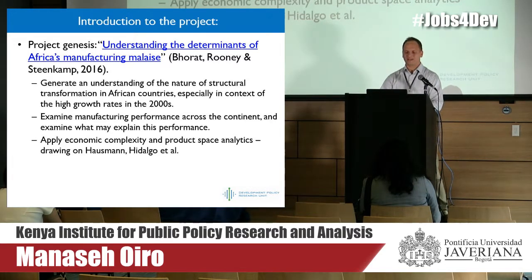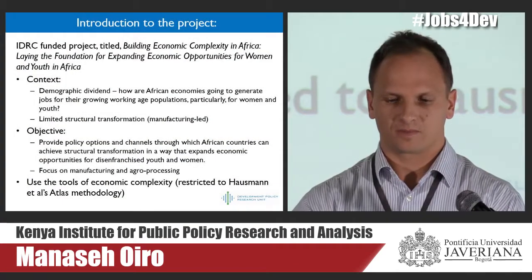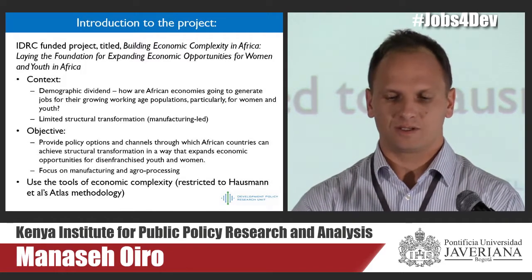We applied economic complexity and product space analytics, drawing particularly on the work of Hausmann and Hidalgo, who have a whole set of papers on this. This work was presented in various fora, and we then proposed to do this work with the IDRC, and they said, okay, great, go ahead and do it.